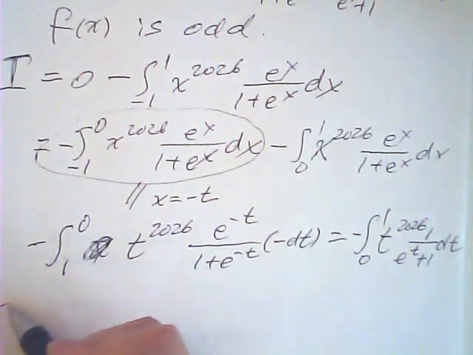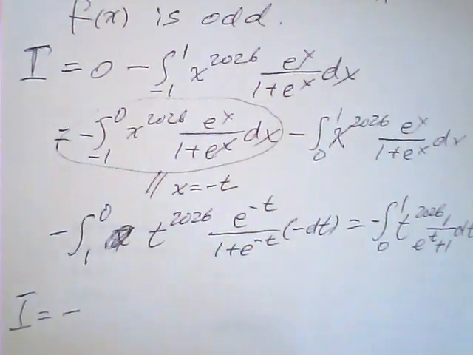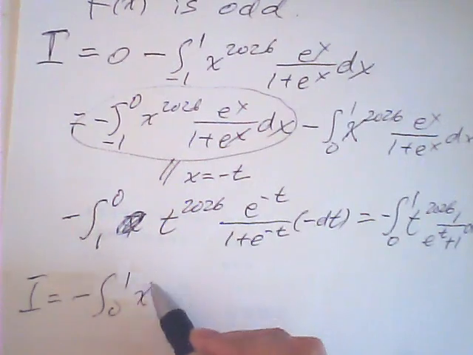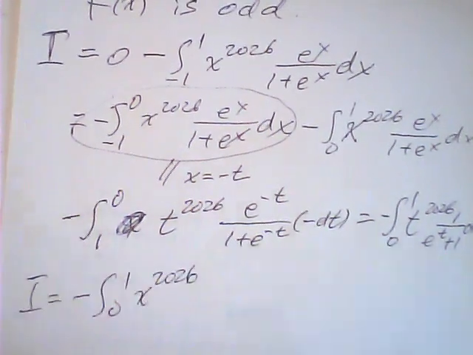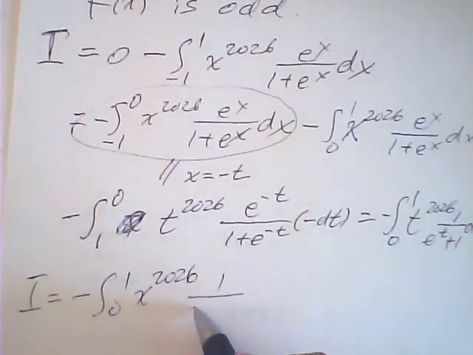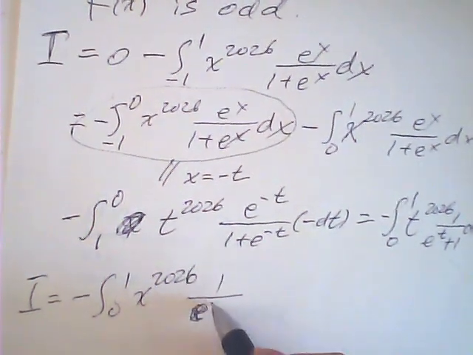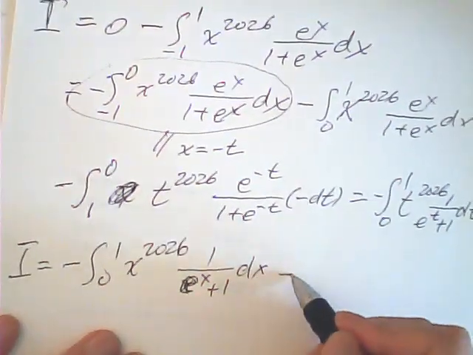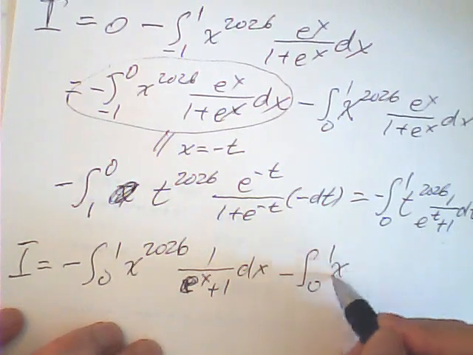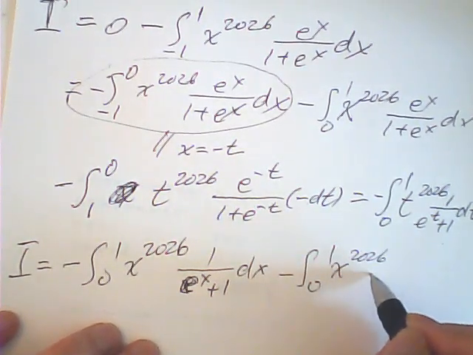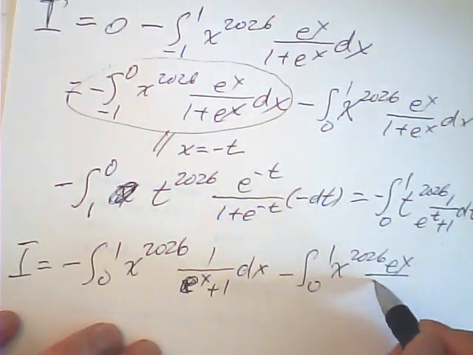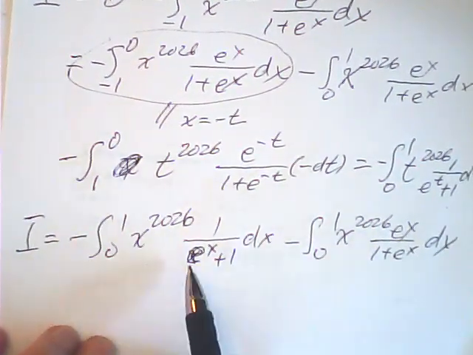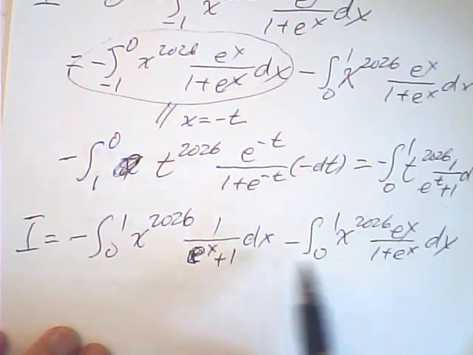It becomes I equals negative, 0 to 1, x^2026 · 1/(e^x + 1) dx, minus this one, 0 to 1, x^2026 e^x/(1 + e^x) dx, right? And these two added up equal 1, right?